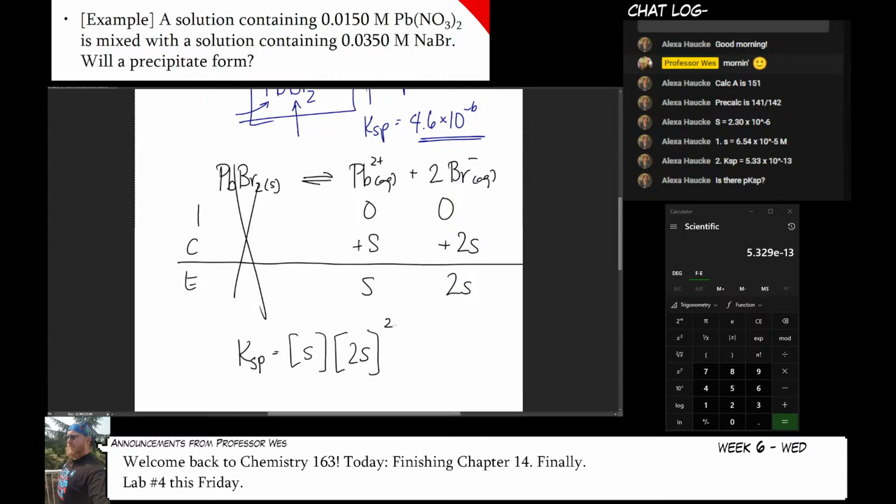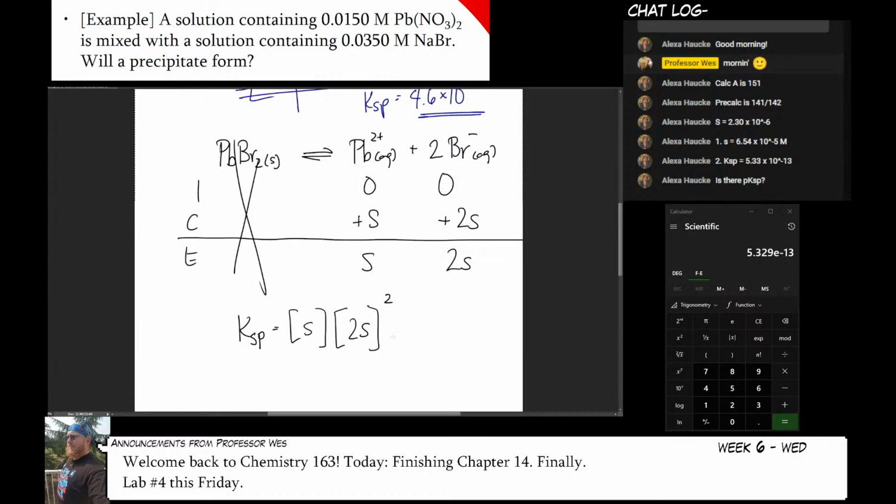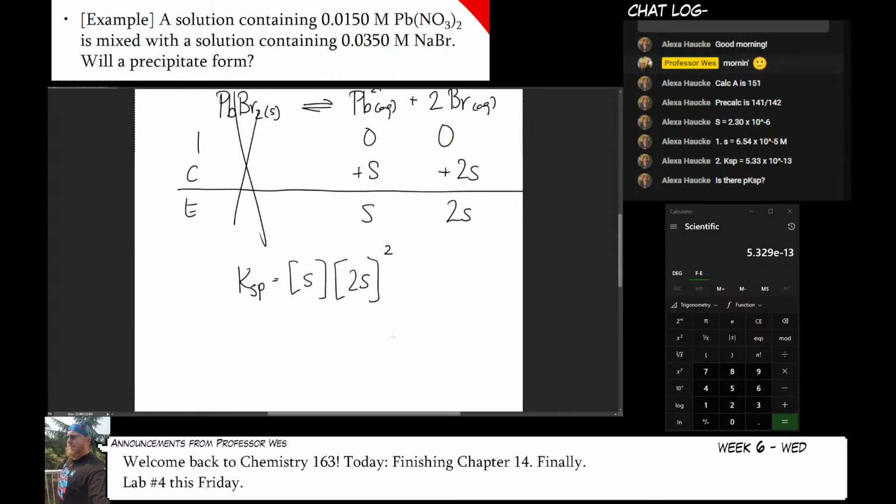Well, instead of S, what we're going to plug in are the amounts that we have, right? So this is our Pb2+. And this would be our Br minus. Now, importantly, this replaces this whole thing. And whatever number we have here is going to replace this whole thing too. So we're not going to multiply it by 2, but we are going to square it.